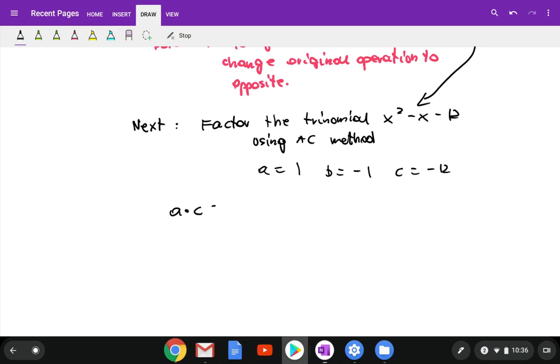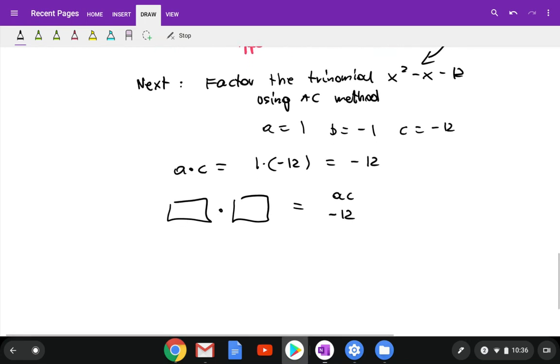We have to find the product of a times c. So 1 times -12, we're getting -12. When you have it, next find two integers which by multiplication equal a times c, which is -12, and the same two integers by addition have to give you the coefficient b, which in our case is -1.